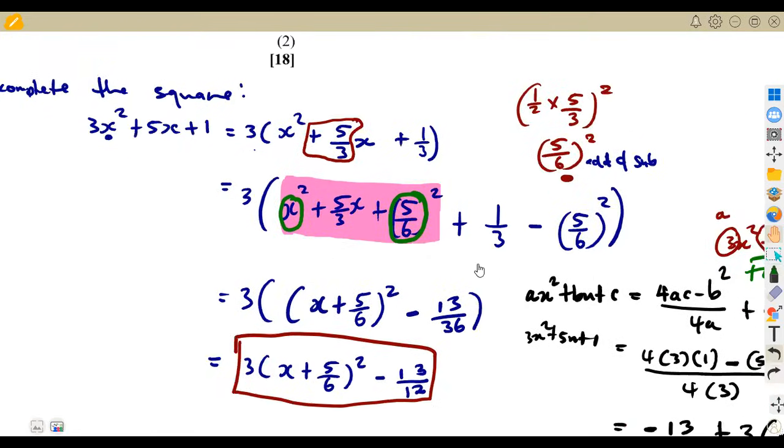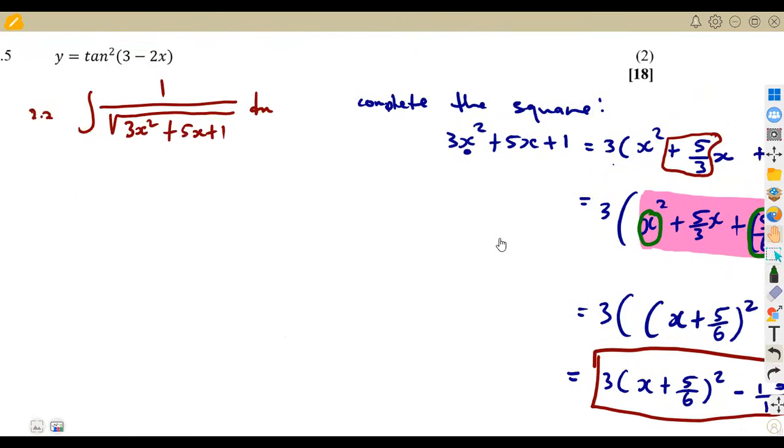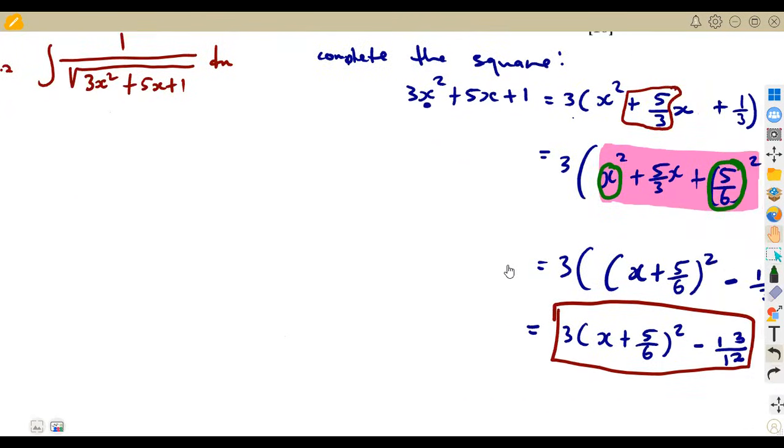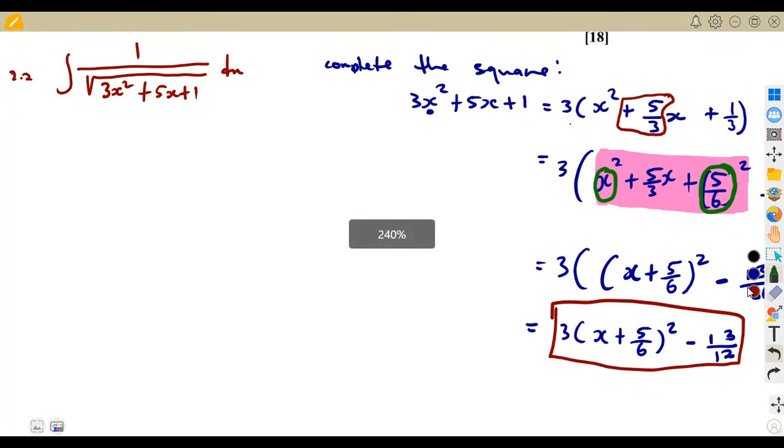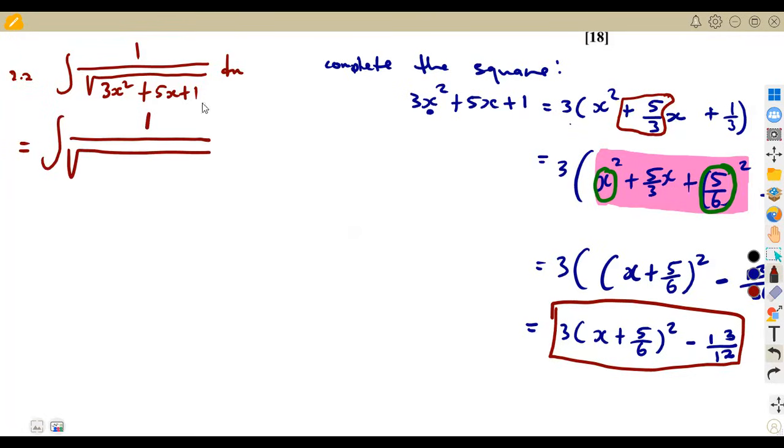Now that you have completed the square, you take what you have completed here into the quotient. So here, we are going to have this as the integral of 1 over the square root of this whole part of 3x squared plus 5x plus 1. This whole part is the one that we have been simplifying here and is the one that gave us this part here. So we're going to write what we got.